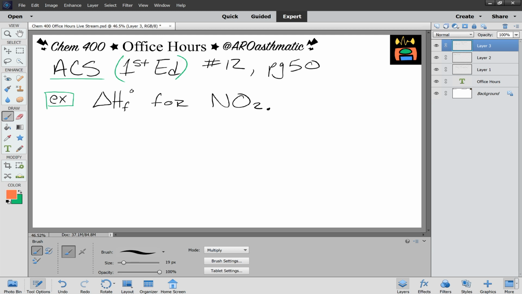The key thing to remember here in this problem is this f stands for delta H of formation.